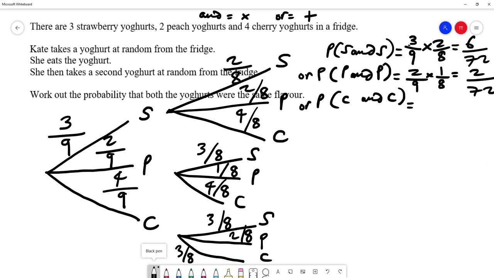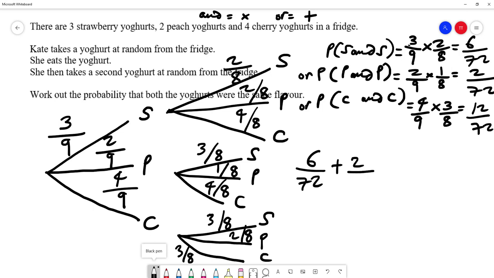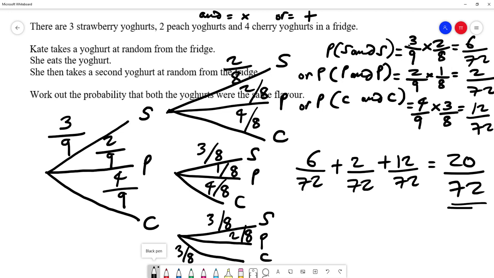And to get a cherry would be 4 out of 9 times 3 out of 8, which is going to be 12 out of 72. So in total, it's going to be 6 out of 72 plus 2 out of 72 plus 12 out of 72, which will give me a total of 20 out of 72.